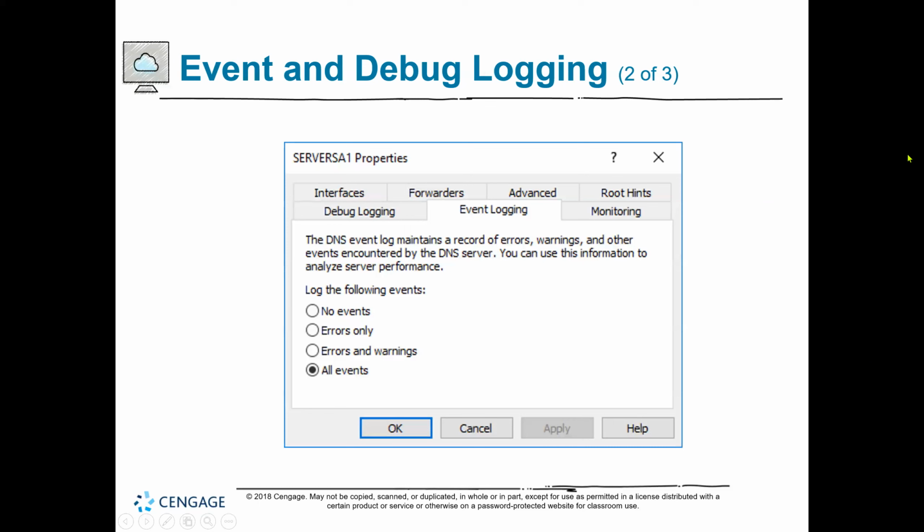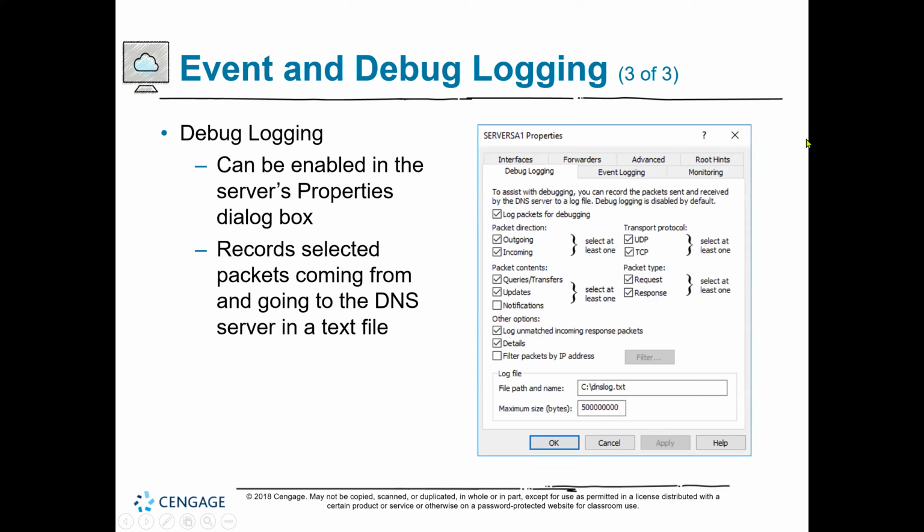So here's your example of that property for event logging. And on this one, they have all events listed. And this is your debug logging screen, and these guys have like everything selected. You can enable in the server's property dialog box to record selected packets coming from and going to the DNS server in a text file.